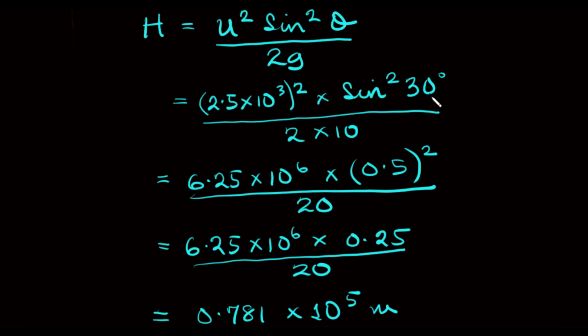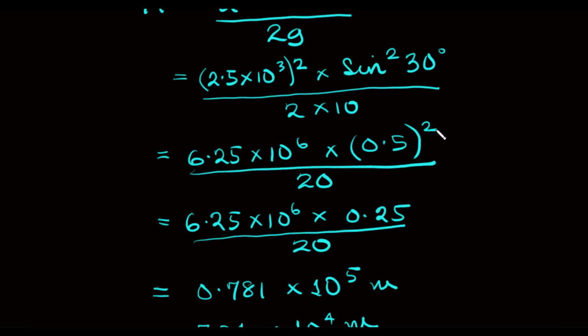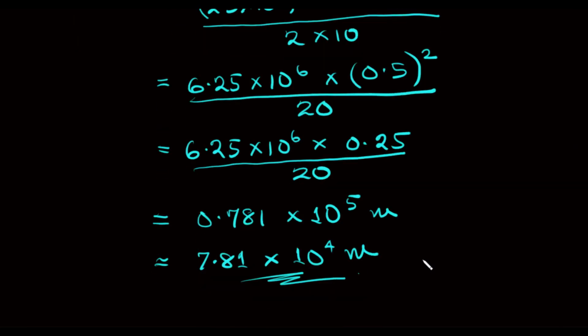So sine squared 30 degrees is the same thing as squaring the value of sine 30 degrees, which is 0.5 squared. 2.5 times 10 raised to the power 3 all squared gives us 6.25 times 10 raised to the power 6 all divided by 20, 2 times 10, 20. If we then evaluate this, we obtain 7.81 times 10 raised to the power 4 meters as the maximum height that was attained by the shell.